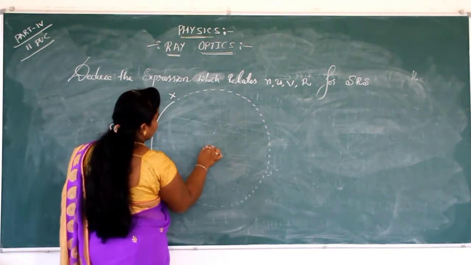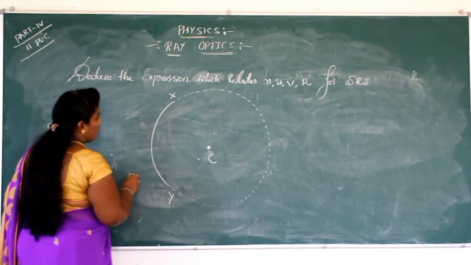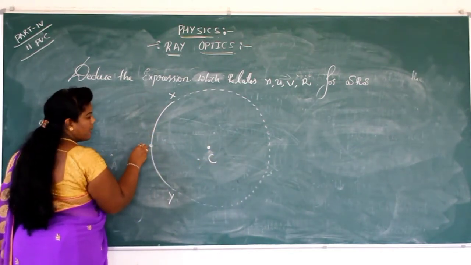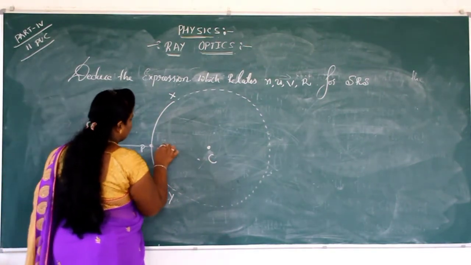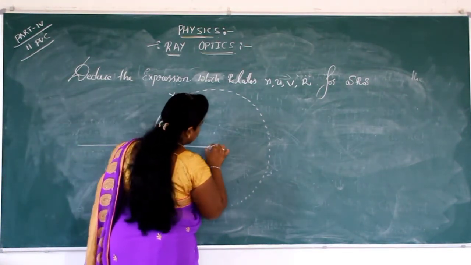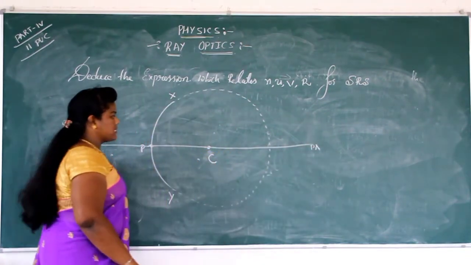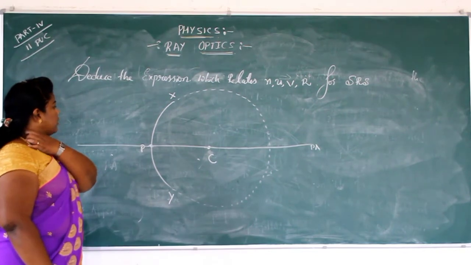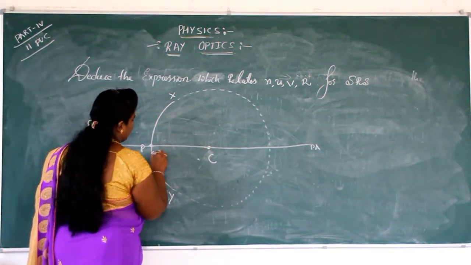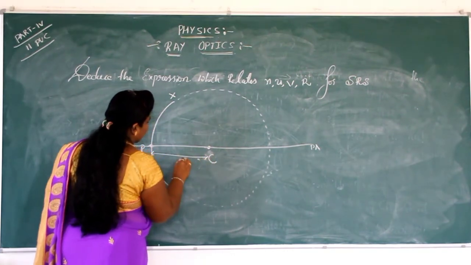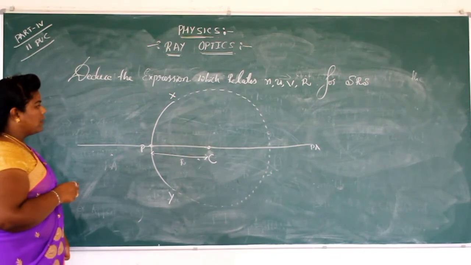The center of the sphere is C, whereas the pole is represented by capital P. The line passing through the center of curvature and the pole is considered the principal axis. The distance between the pole and the center of curvature is called the radius of curvature.